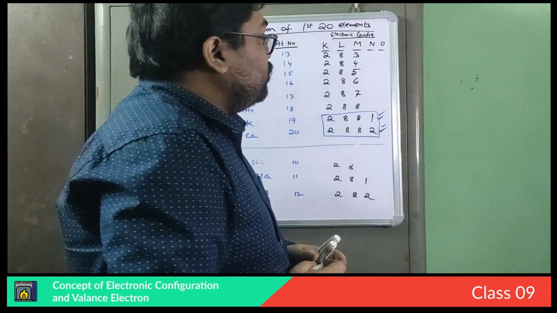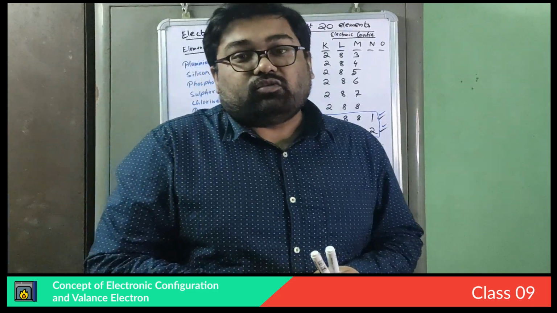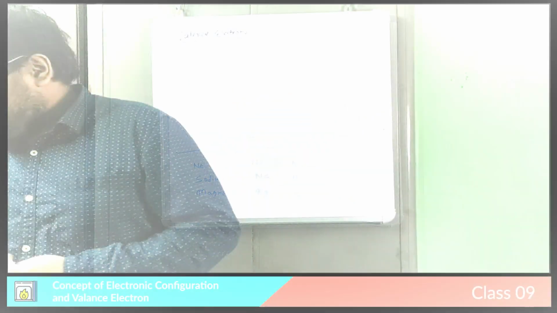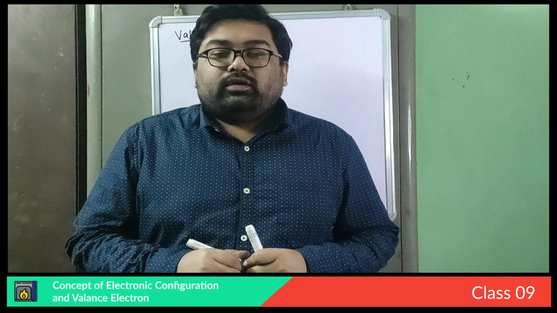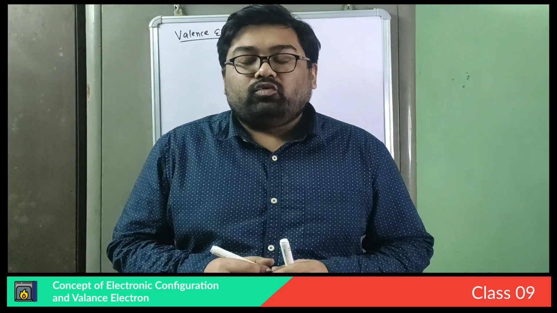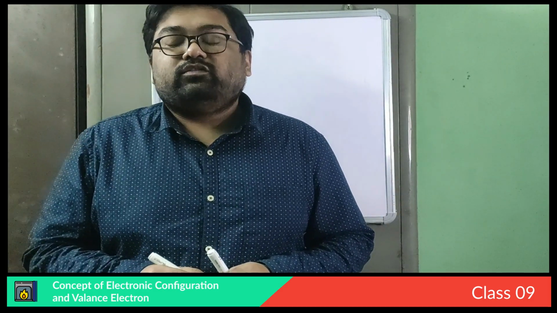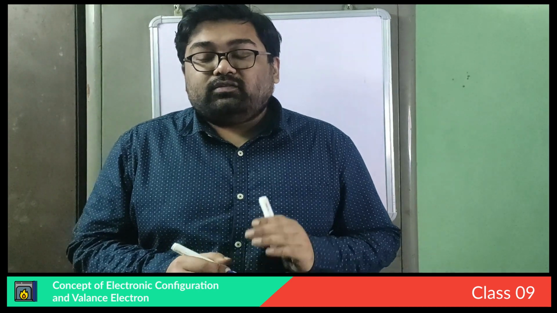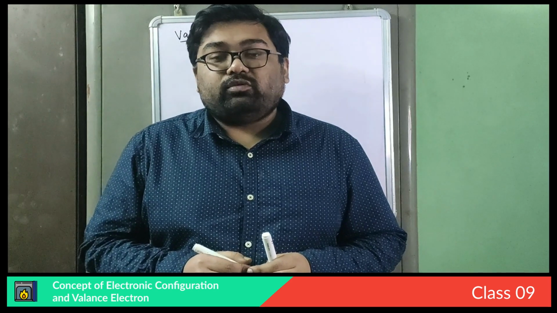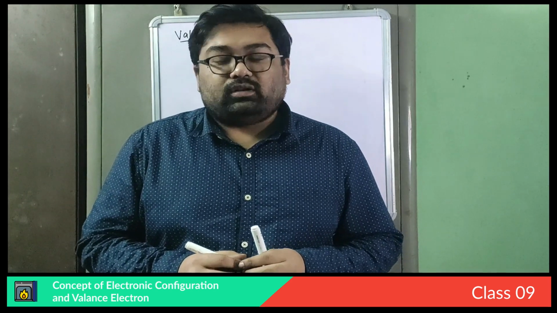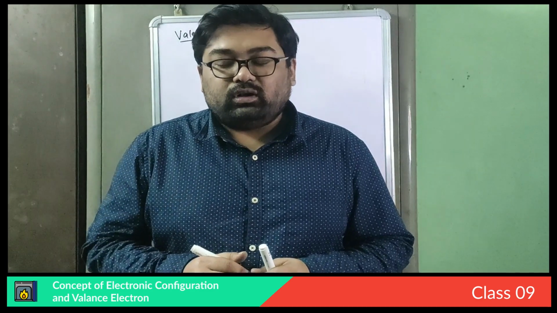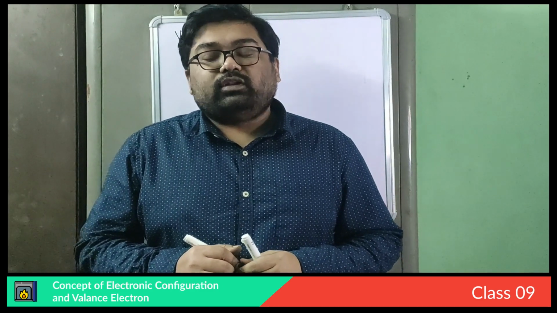Next we will move on to the valence electrons, or the valency electrons. At first, we have to know the meaning of valence shell. The valence shell is the outermost shell present in the atom of an element. And the electrons that are present in this outermost shell are known as the valence electrons.